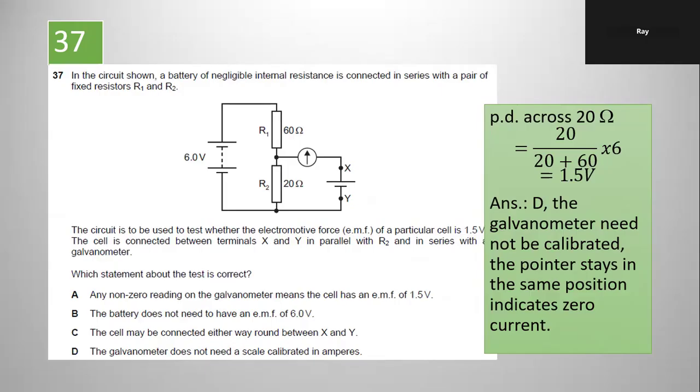Sometimes I don't understand this type of circuit. This type is a potential divider. So you must remember the potential divider formula. If not, you can calculate the current through here first, then calculate the PD across R2, which you get 1.5 also.